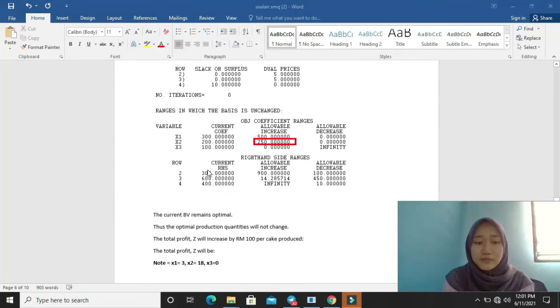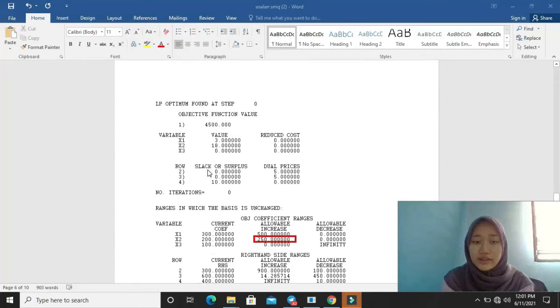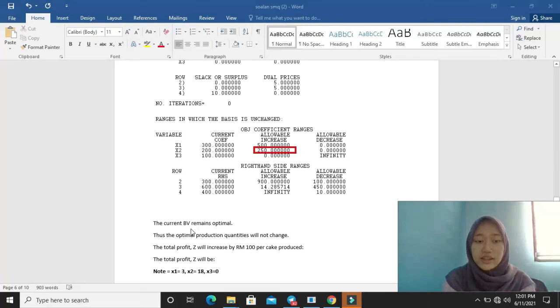Alright, so based on the calculation and the Lindo, we know that the current BV remains optimal because the allowable increase is 250 ringgit and it is within the range. Thus, the optimal production quantities will not change and the total profit Z will increase by 100 per cake produced.